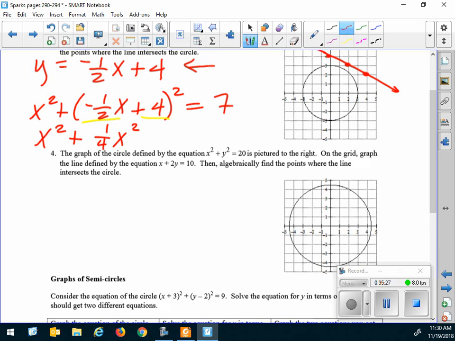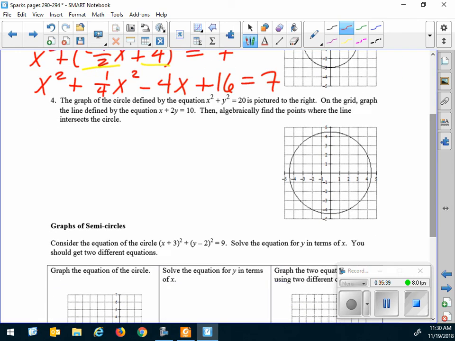So that's negative 2x, double it. Let's see. x squared plus 1/4 x squared. What's 1 plus 1/4? 5/4.